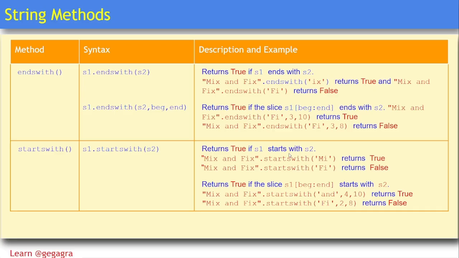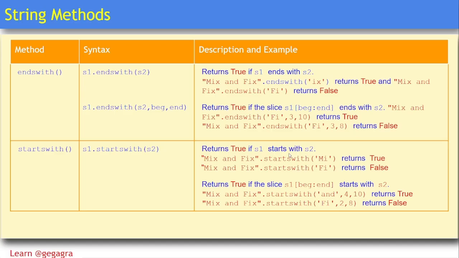Suppose I have the same string, "mix and fix". Over here I am checking whether it ends with "fi" from index number 3 to index number 9, meaning 3 to 10 minus 1, that is 9.